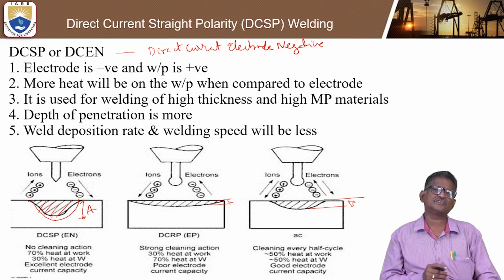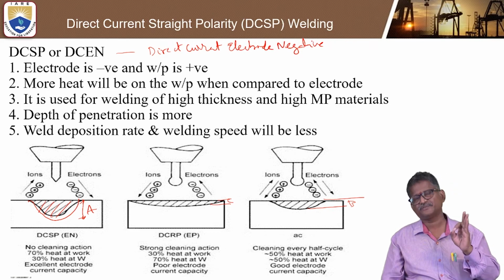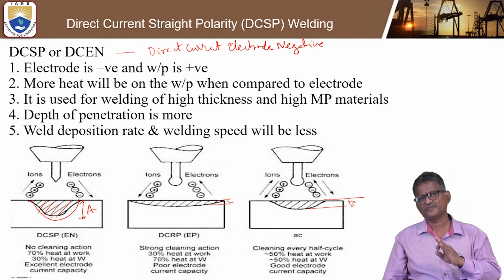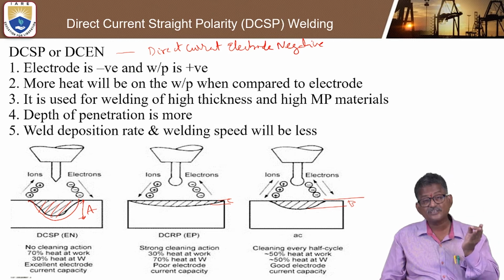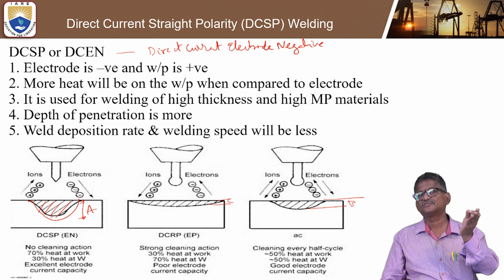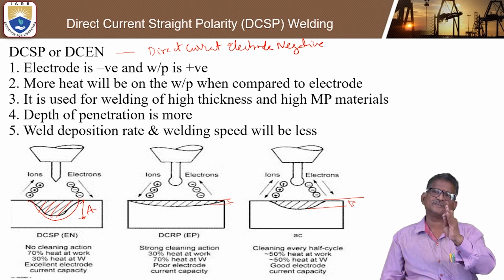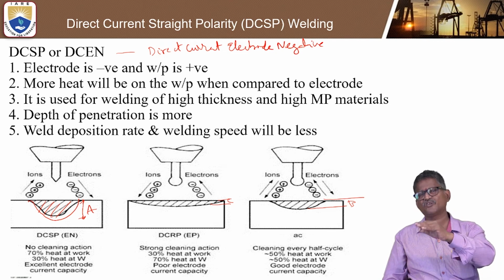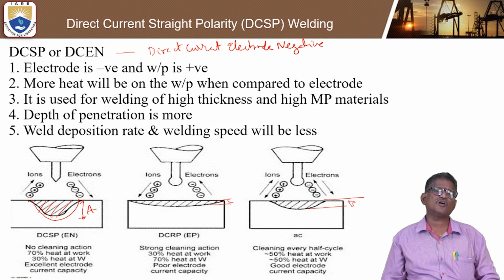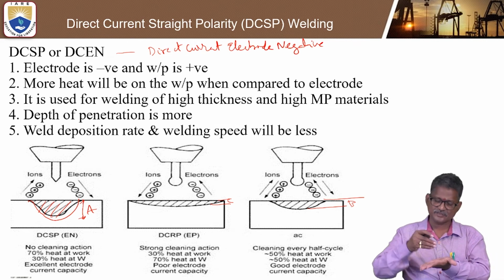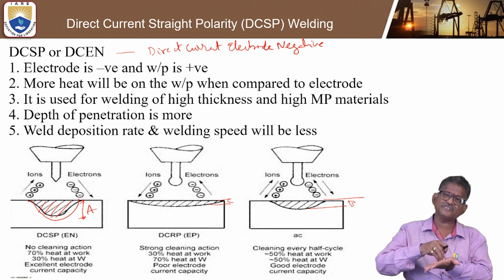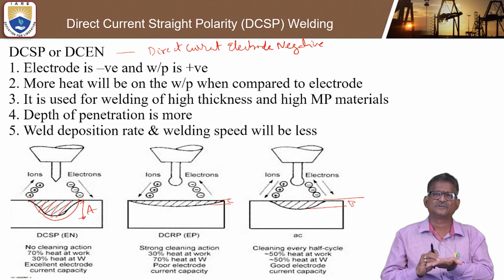Okay, so this is about DCSP, direct current straight polarity, or we can also call it direct current electrode negative. So simply, in the question they can mention electrode is negative, and obviously the workpiece is kept positive. Whenever the workpiece is positive, more heat is generated in the workpiece compared to the electrode.